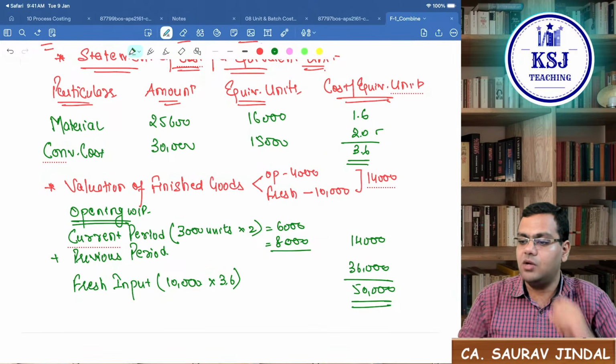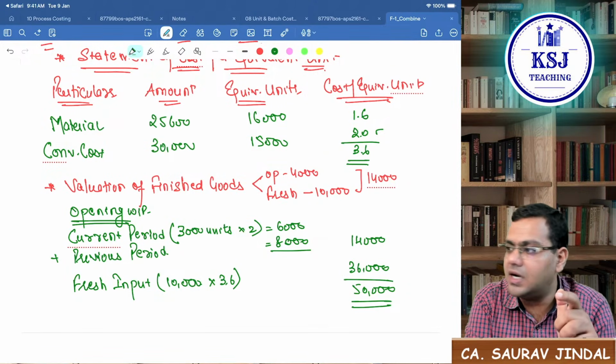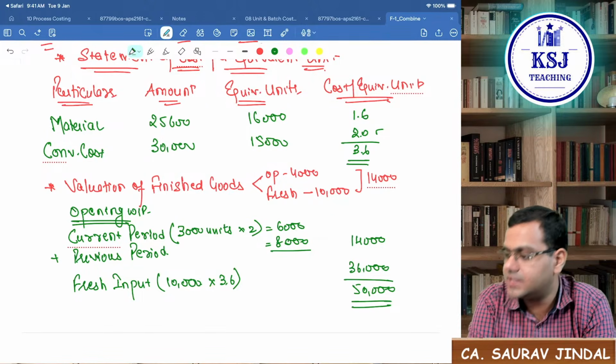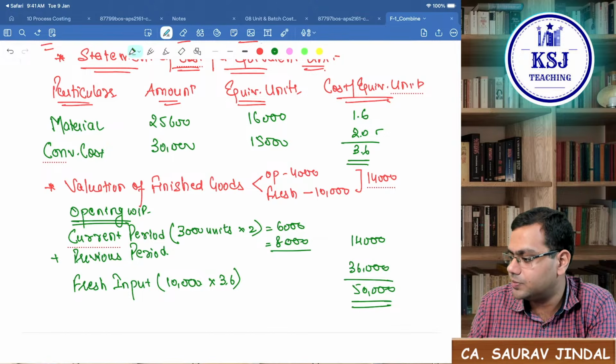Is this valuation of finished goods clear? Because this is the only little bit of a tricky part in case of FIFO method. Yes, everyone, please let me know if this valuation of finished goods part is clear to you.